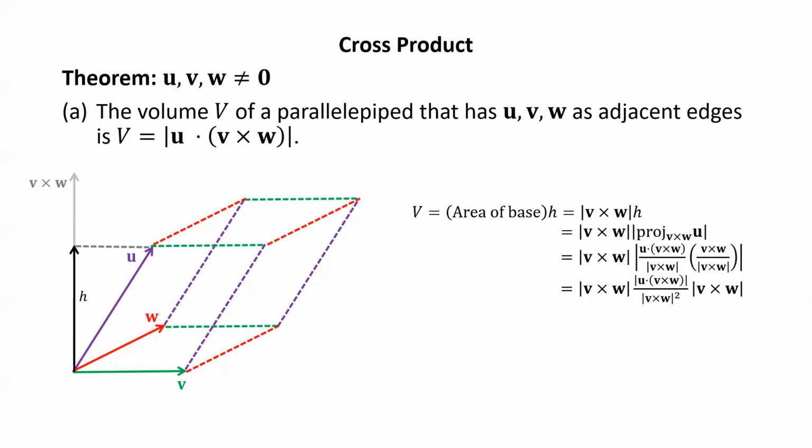So we can rewrite the length of that second expression there as the absolute value of the scalar triple product divided by the square of the length of v cross w. And notice that we have the length of v cross w twice in the numerator and twice in the denominator. So they cancel, and we're left with the absolute value of the scalar triple product, which is what we wanted.